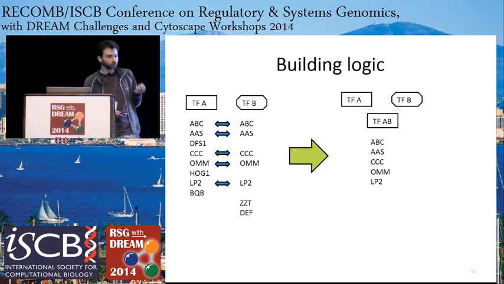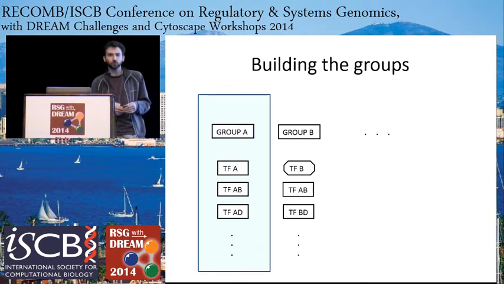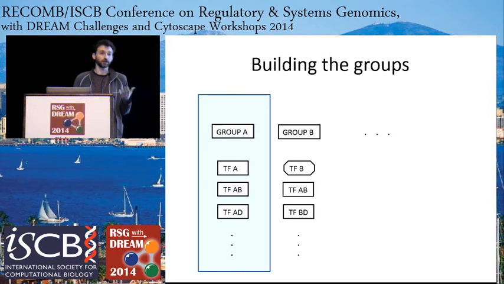So one thing we can do, in order to express this, is create virtual regulators. So let's create this new transcription factor called AB. And this virtual transcription factor regulates all of the genes shared by A and B. So we can do this for all possible pairs of transcription factors we think are interesting.